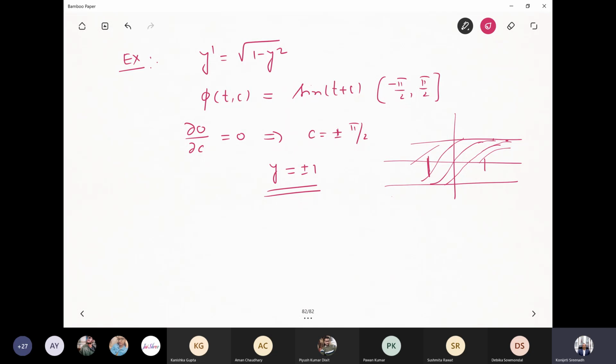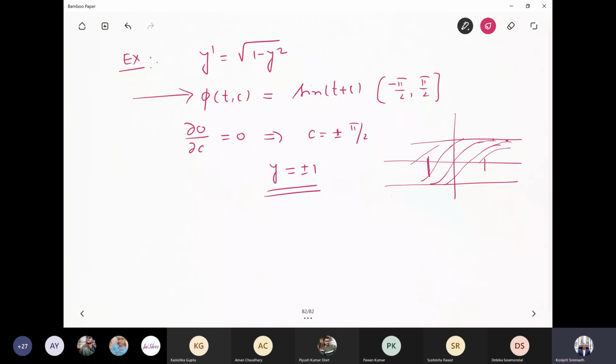Similarly, I gave other examples. You can see those. What is important I wanted to tell you here is that at times it may not be easy to find the one parameter family. In that case, let's see how the envelope equations are equivalent, at least in some cases.